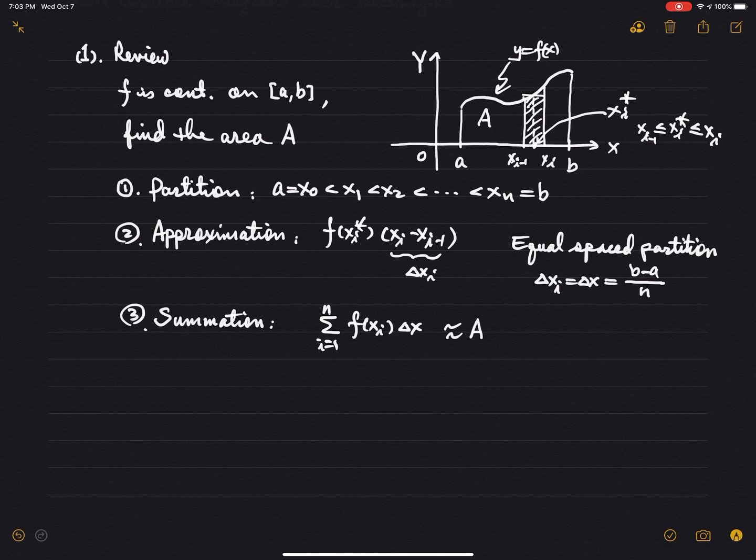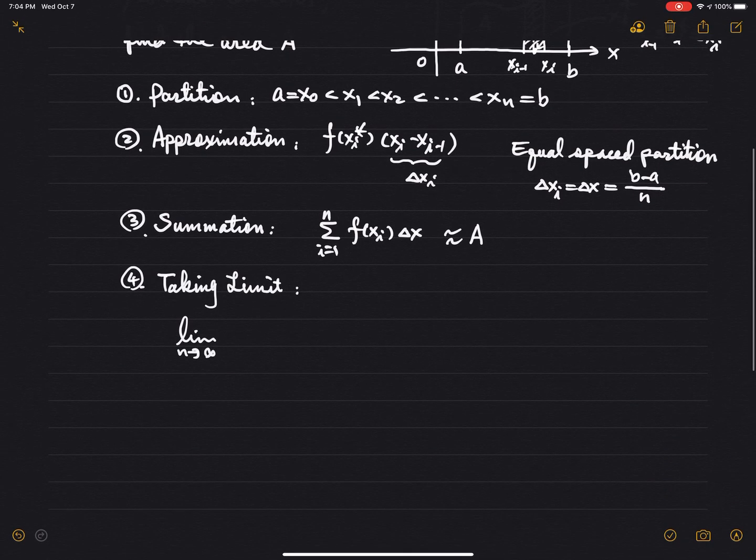Last step is taking the limit. We let n go to infinity, if it's an equally spaced partition. If it's not an equally spaced partition, then when we take the limit, we want to guarantee the length of the largest subinterval goes to 0.